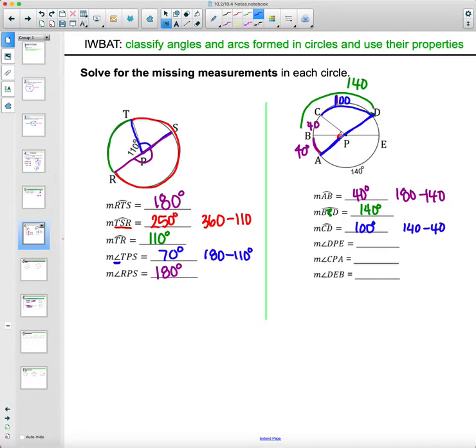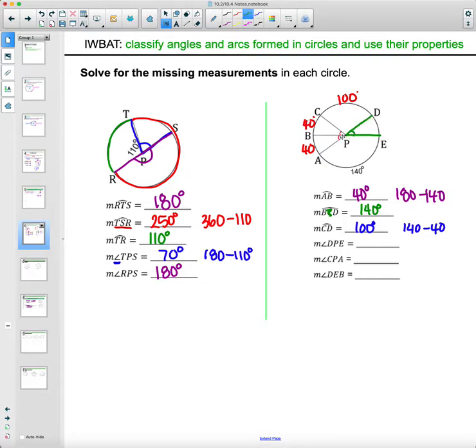Then DPE. Let me get some of this off of here. So what have we figured out? We've figured out that this is 40, this is 40, this is 100. Now we need to figure out DPE. DPE is this angle right here.